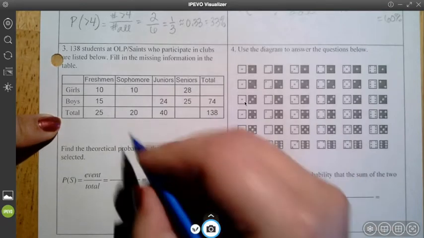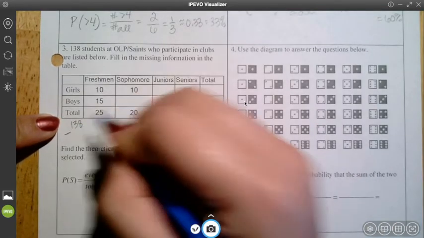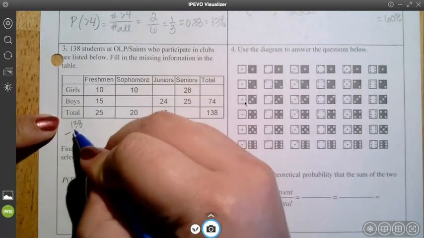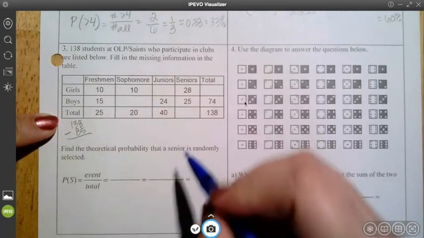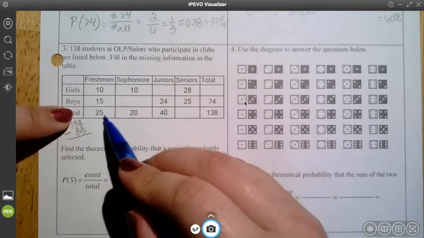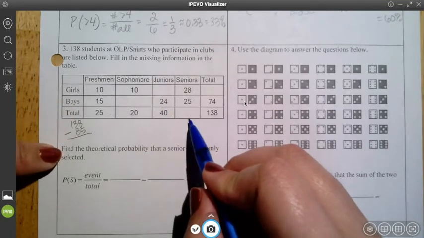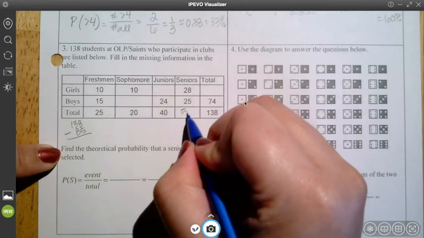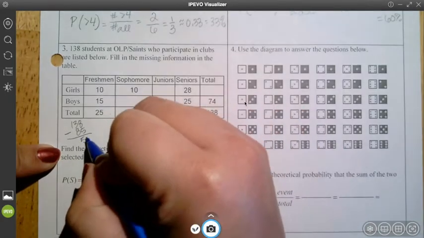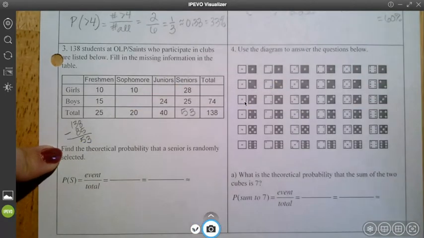Well, I can do 138 minus 40, 60, 85, right? So I know 85 students are freshmen, sophomores, or juniors, so how many are seniors? If I do 138 minus 85, we get 53. And of course, you can use your calculator for that if you need one, right?